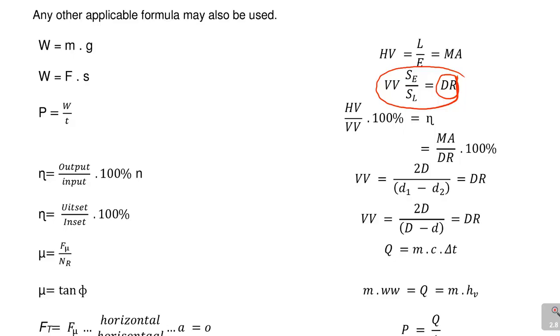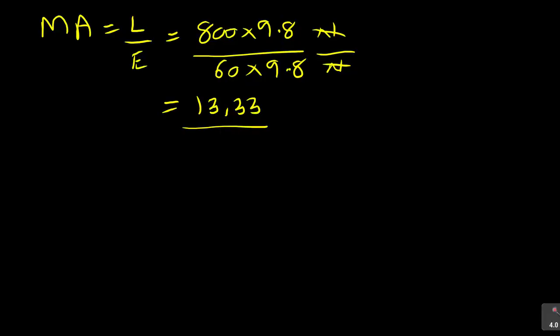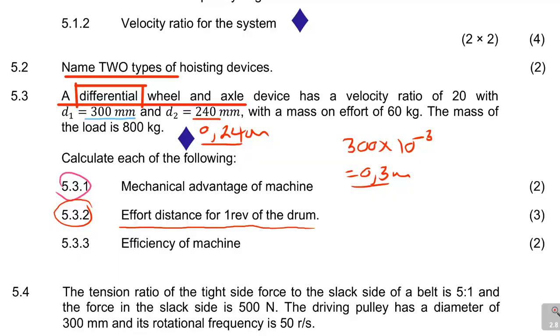So if I say VR here is equal to the distance moved by effort over the distance moved by the load, right? But the question says find the effort distance, meaning the distance moved by effort, SE, for 1 rev of the drum.